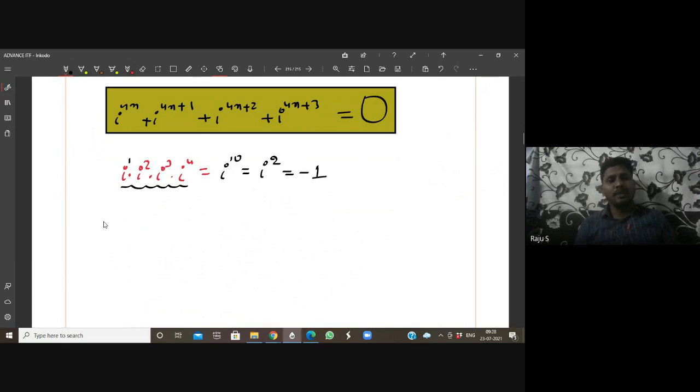Now the product can be denoted by pi. Summation will represent the sum of the values from 1 to n. The product symbol is denoted by pi. Pi is nothing but product. When I take i power n, where n is equal to 1 to 100, then what is the answer?